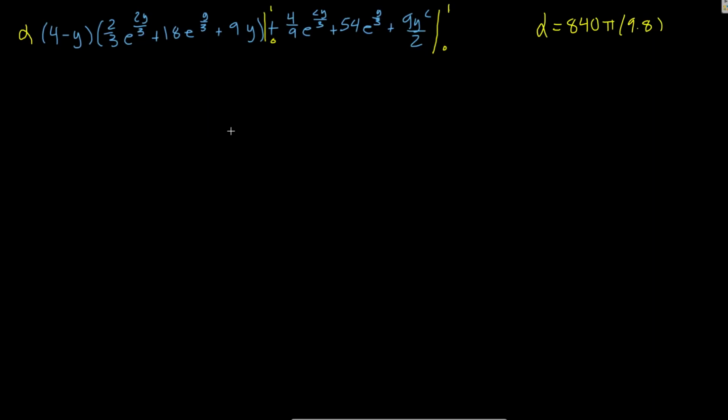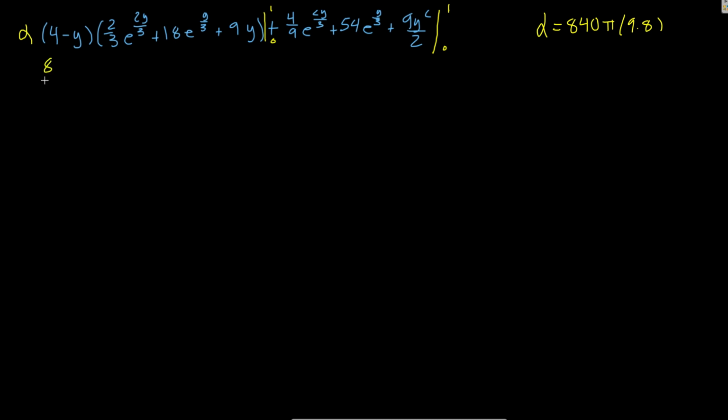Okay, so now that we're on a new page here and I have some room to work this problem out, let's start by first foiling out this 4 minus y times its other term. The way I like to do this is very sequentially, and I think that for most people this is the way of doing this. So I'm going to start with the 4. So we have 4 times 2/3, which is 8/3. I'm actually going to write a little higher here.